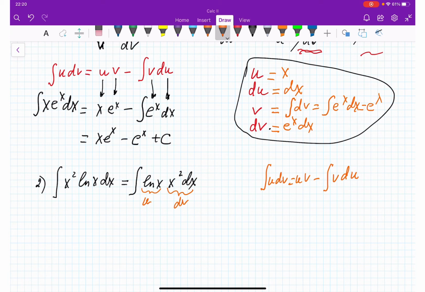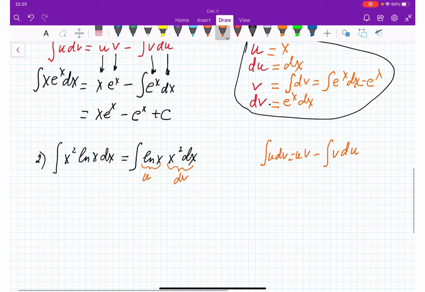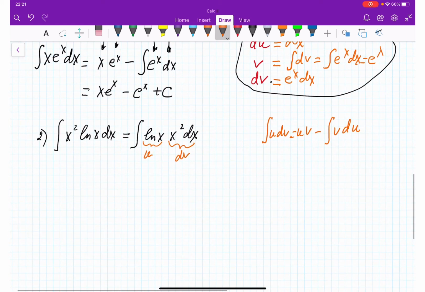But having the v, you will end up again with x to some degree and logarithm x also. So it will go backwards. Therefore, this is going to be the best choice. If you wish, you can try taking x squared as your u and logarithm x dx as your dv, and you will see what I'm talking about. You will get stuck.